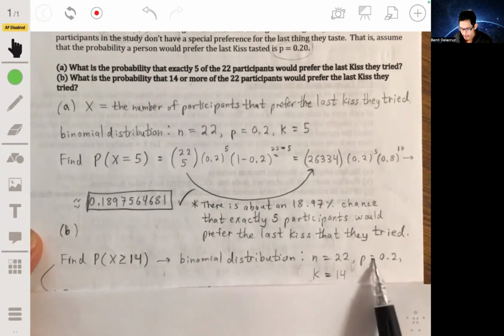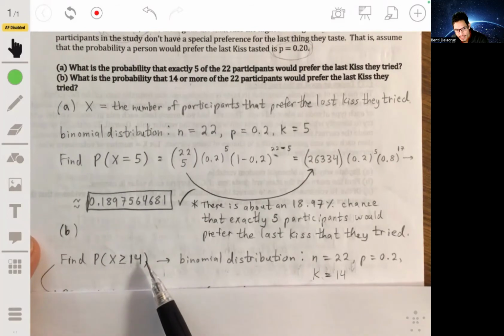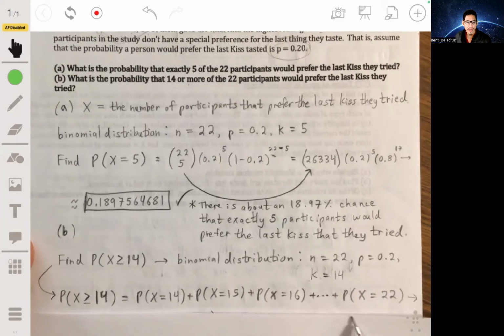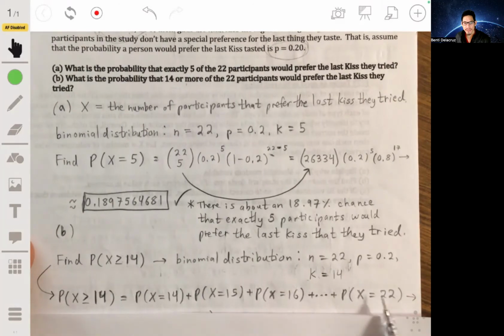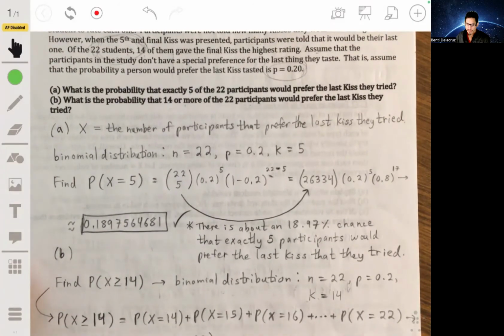Again, npk. And since we're saying greater than or equal to 14, this will be equal to the probability that x is 14 plus the probability that x is 15 plus the probability that x is 16, all the way to x is 22. So this is the equivalent to that. Take a second to absorb that, make sense of that.